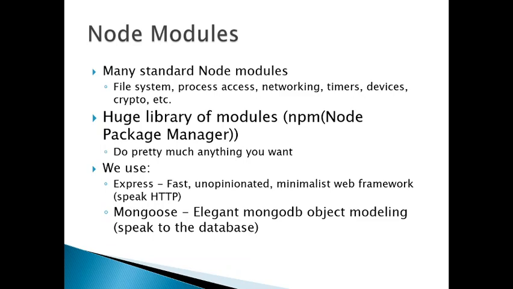There is a huge number of modules in the Node Package Manager, that is called the NPM. It is a huge library of modules, and it does pretty much whatever you want to do. If you want to implement a machine learning algorithm, hopefully it will be available in some module. You can just search and access that module.